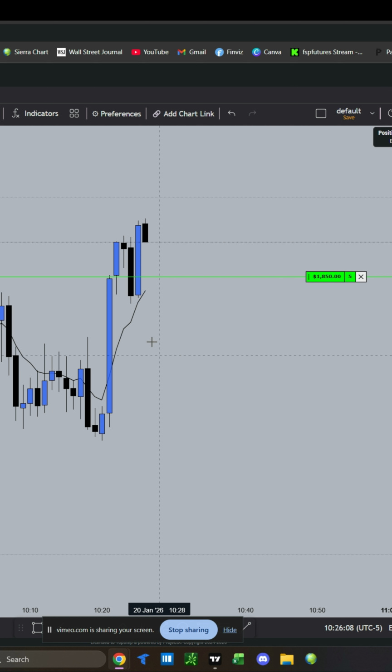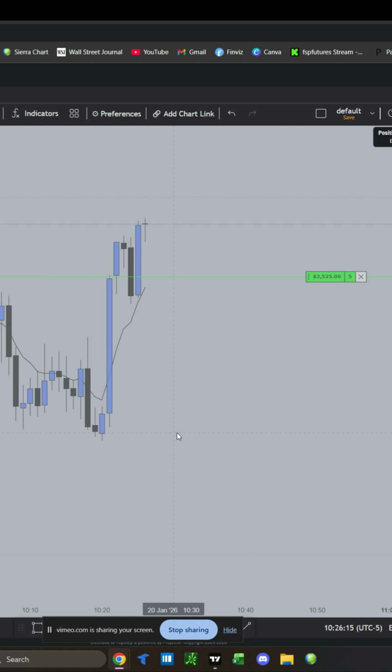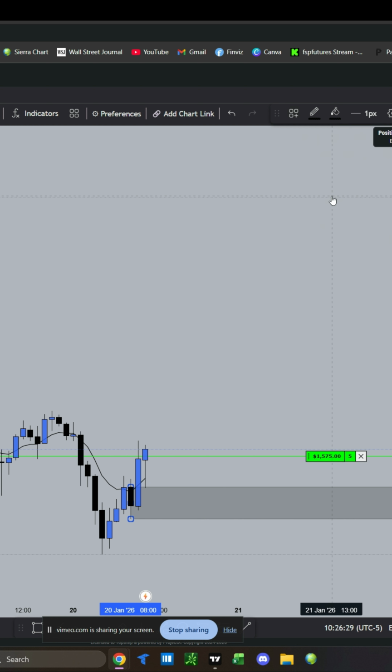So what I saw with this here is if I go to a larger time frame, on an hourly, we had a demand that formed here. I would say 1 hour demand that formed here.